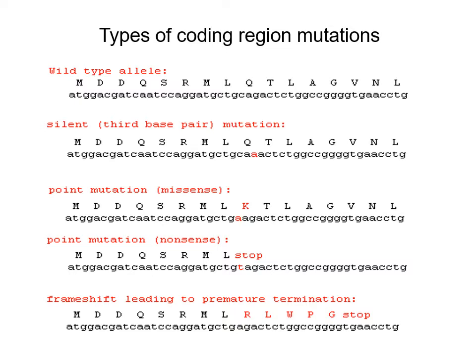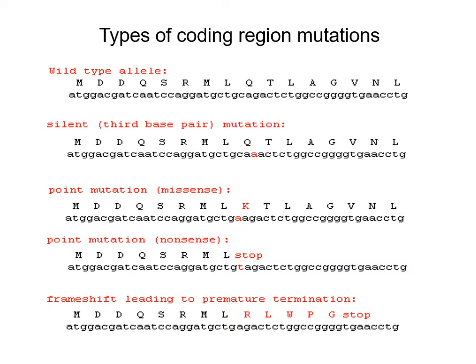So we're looking at a slide talking about types of coding region mutations, basically what type of change you can get in your protein as a result of particular changes in your nucleotide sequence. The wild type allele is represented on the top, and the codon in question is a glutamine codon, which is Q. It's a CAG in the wild type sequence.